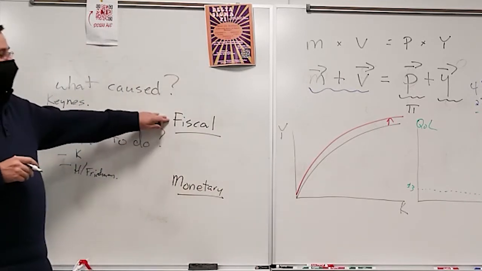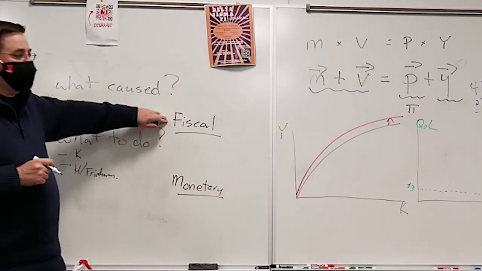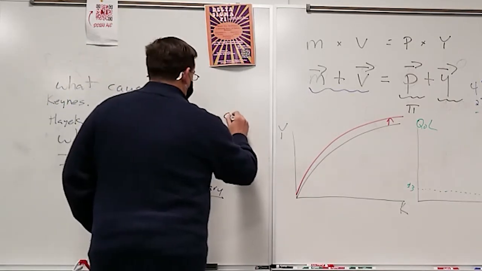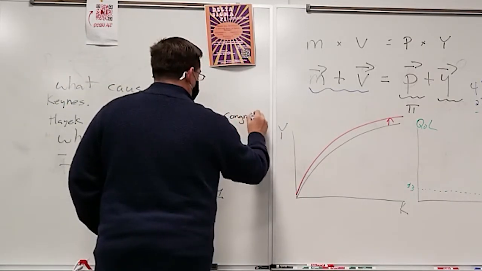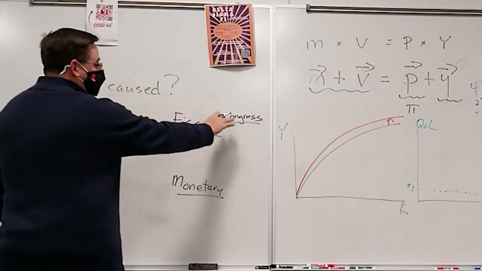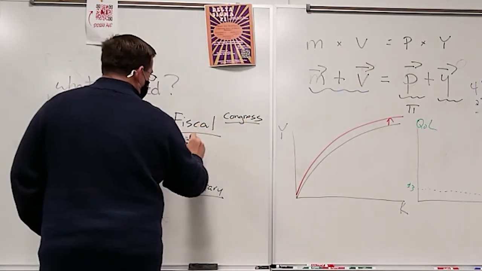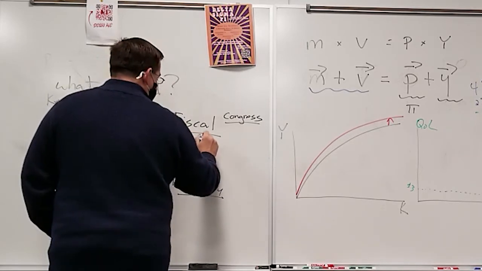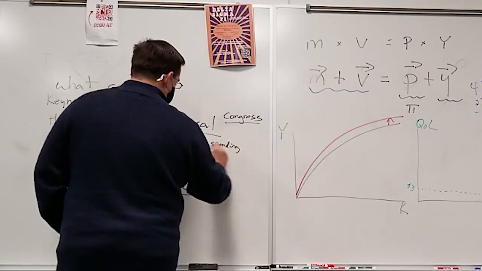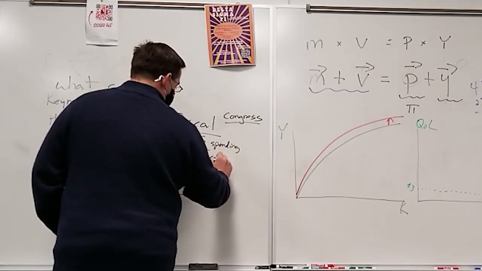Now, fiscal policy has to do with decisions made by Congress. What Congress can try to do is to either change government spending or change taxes.